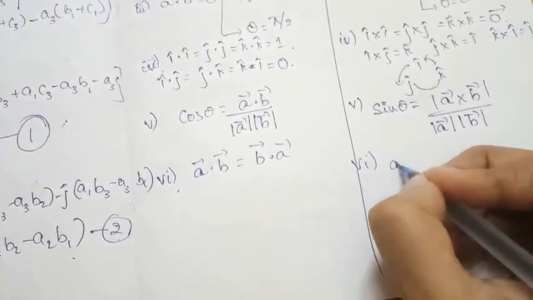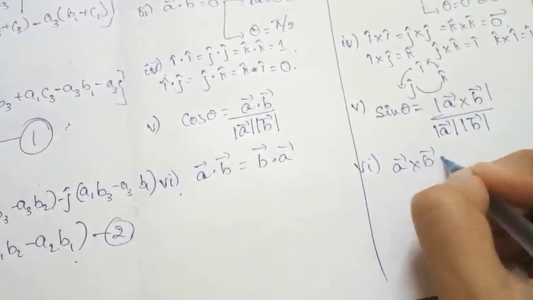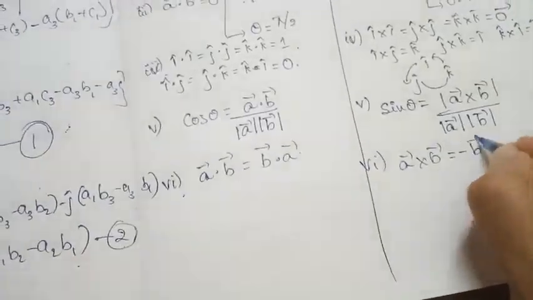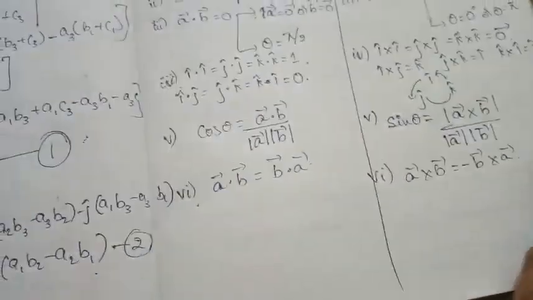But vector A cross vector B is equal to negative of vector B cross vector A.